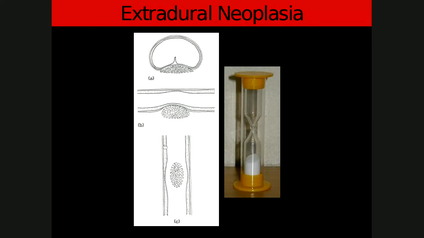And on the orthogonal view, which would be a VD, it just appears as if the cord is widened, with narrowing or thinning of the contrast columns centrally. If it happens to be a lesion that is quite circumferential, it can give an hourglass appearance to the myelogram column.